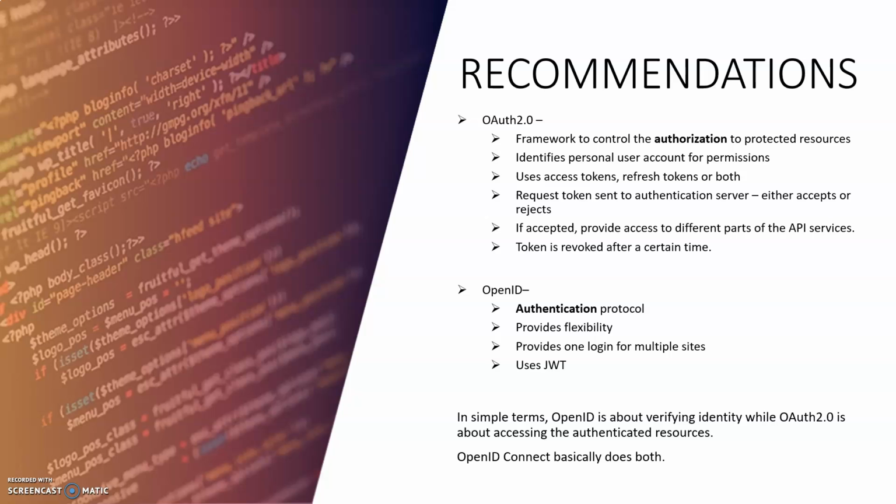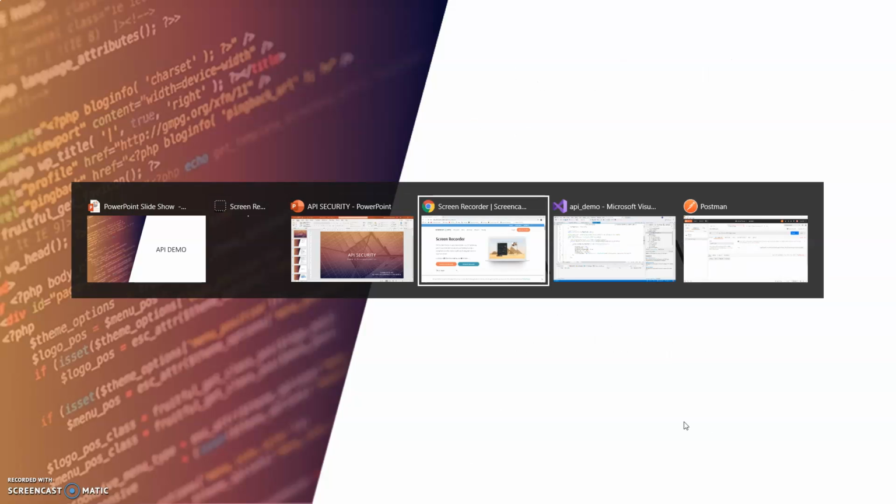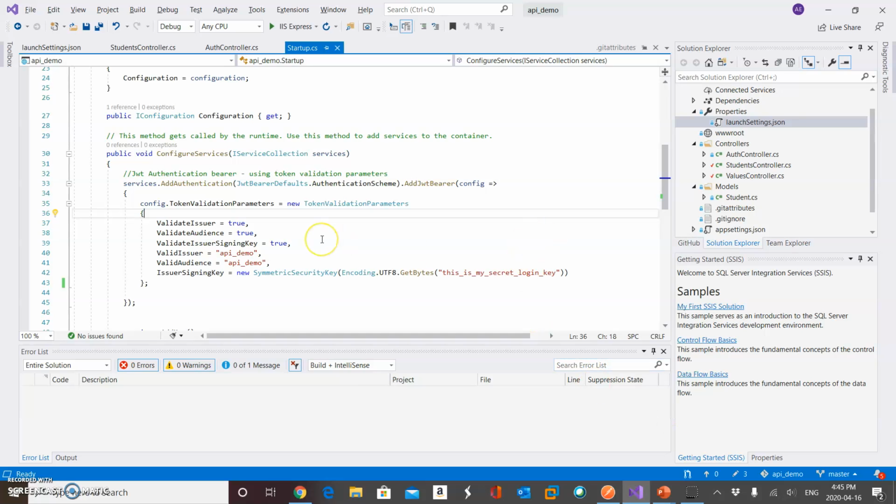So basically, to implement API security, we have something like OpenID Connect, which implements the authorization framework of OAuth, wrapped by the OpenID authentication protocol. Now we'll have a look at the demo.